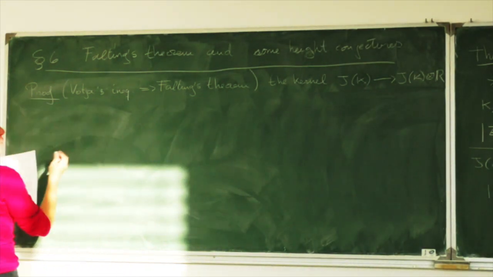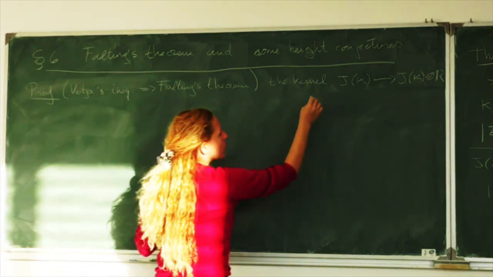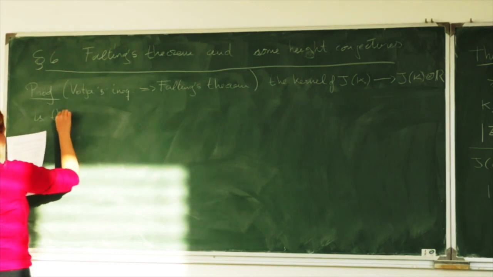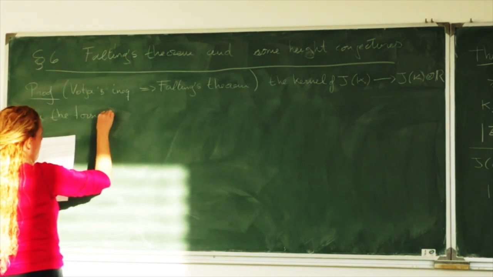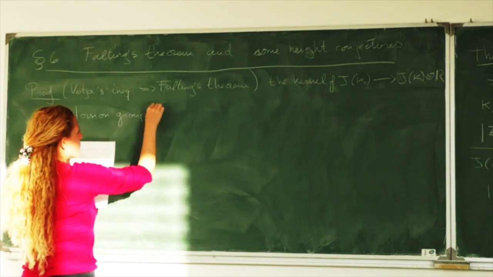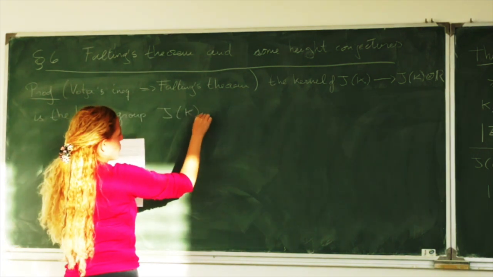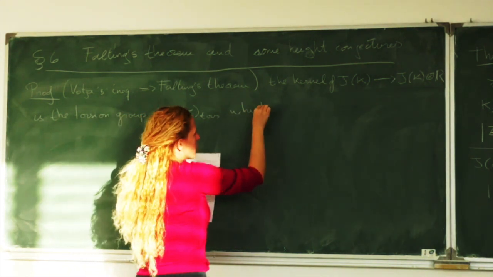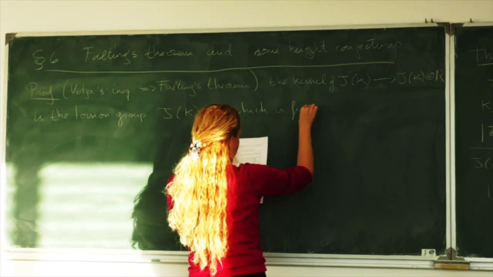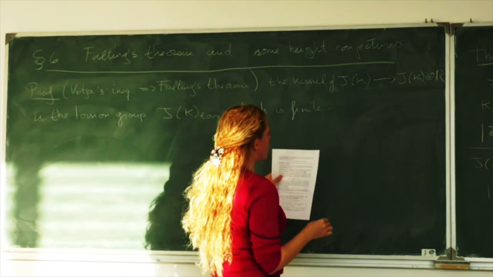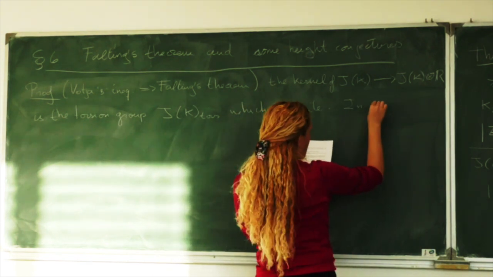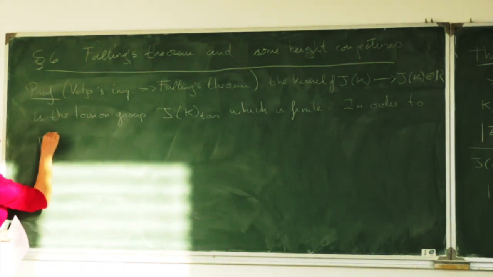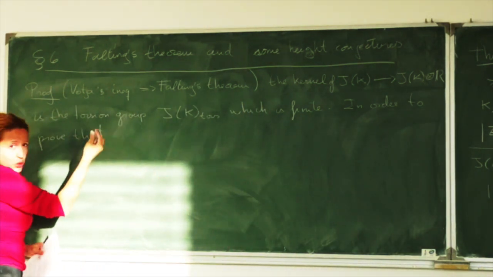So the kernel of that map is the torsion group of the Jacobian, which we already know is finite. So now, in order to prove what we want to prove, right?